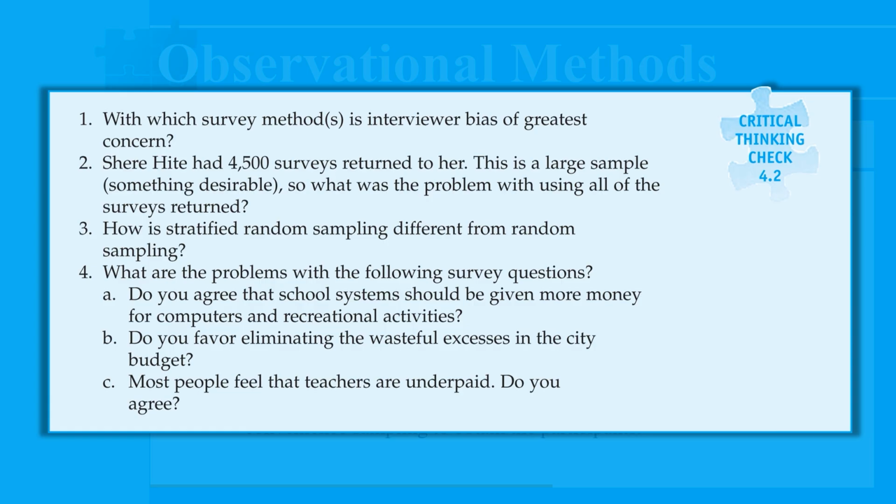This is a large sample, something desirable. So, what was the problem with using all the survey returns? 3. How is stratified random sampling different from random sampling? And the last one, question number 4, is what are the problems with the following survey questions and the sub questions in here. There are 3 in question number 4.